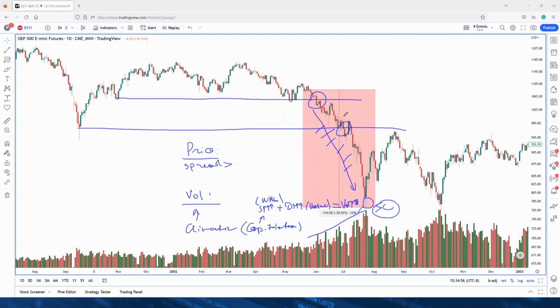Rallies are weak. I'm assuming, Eric, that we're talking about the rallies in this decline, right? So let's look at the rallies. Yeah, the rallies are weak, and we could quantify that a little bit. We could say they're short in terms of the distance.